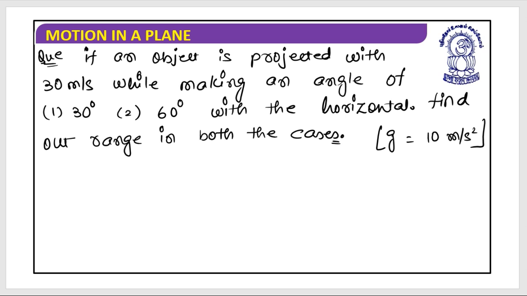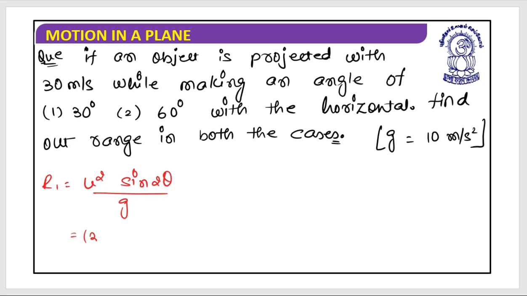So go for it. Yes, simply you have the formula of it, and you must know the formula. Do you? So what would it be? It's u square sine 2 theta divided by g.